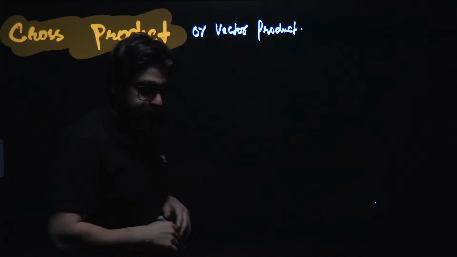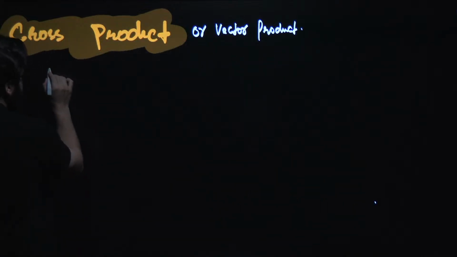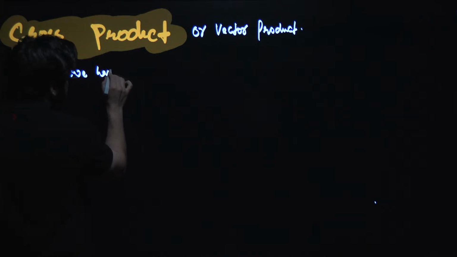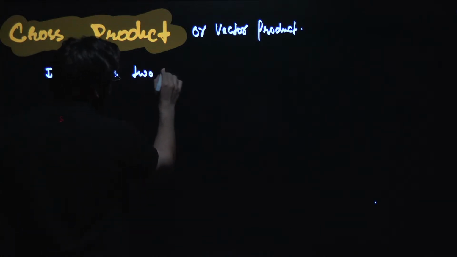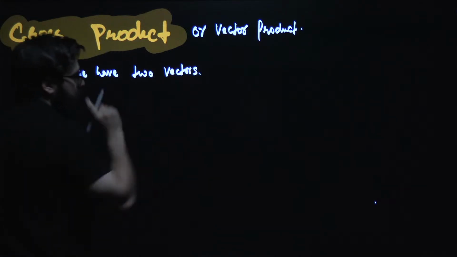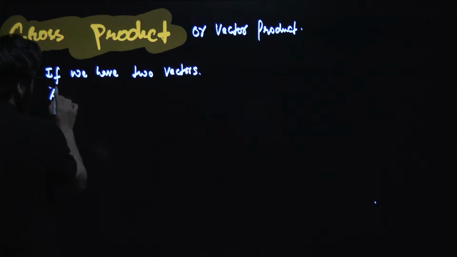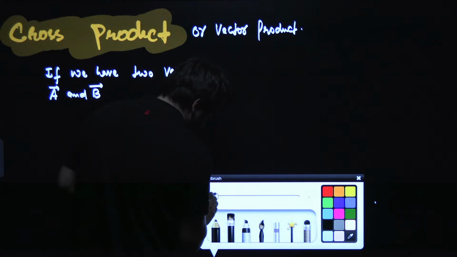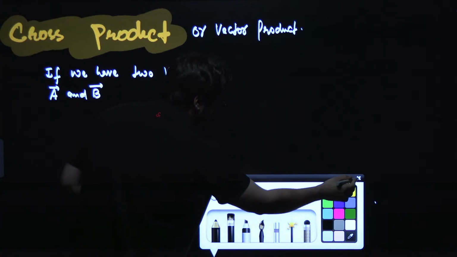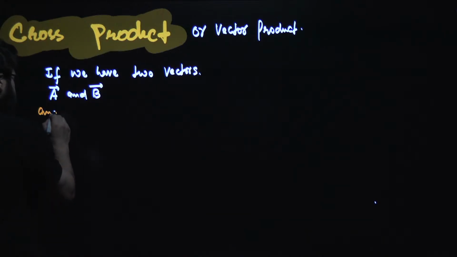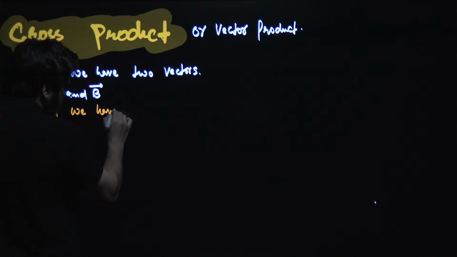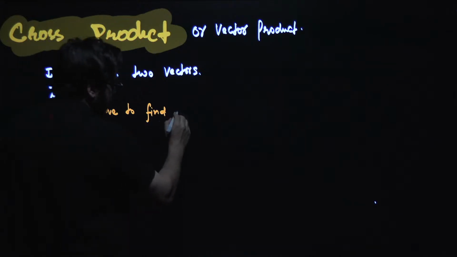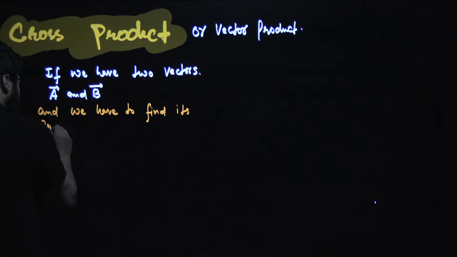Now see guys. Let's suppose if we have two vectors, A and B, and we have to find their cross product.